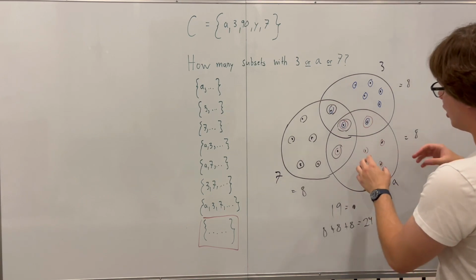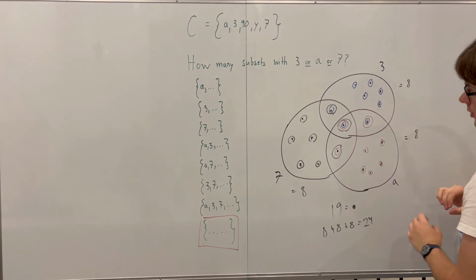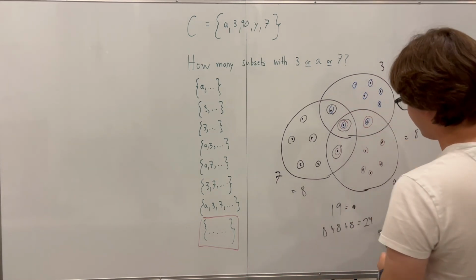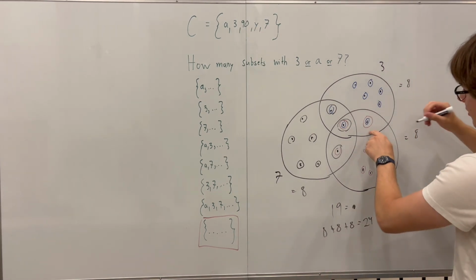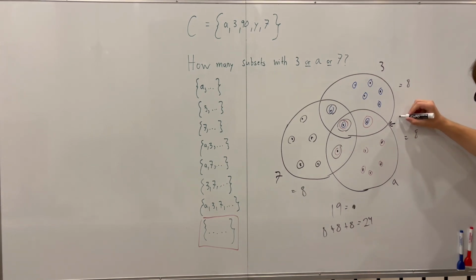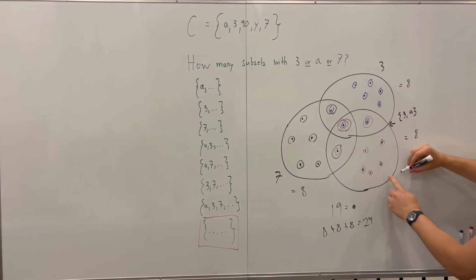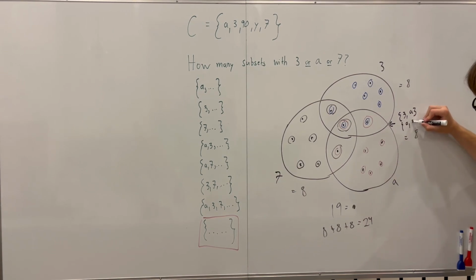As you notice here, when we counted all of the subsets that have a 3, we would have included one of these dots, especially the dots, for example, that would have been in this category here. These would have included the subsets that have 3 and A, and then the ones that we counted down here would have included the set that has A and 3. So we've clearly counted a set like this, for example, twice, and we don't want to do that.